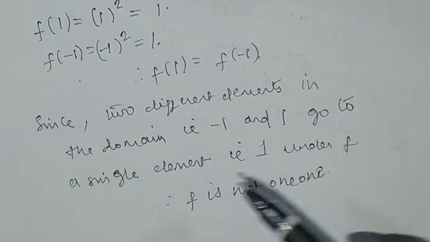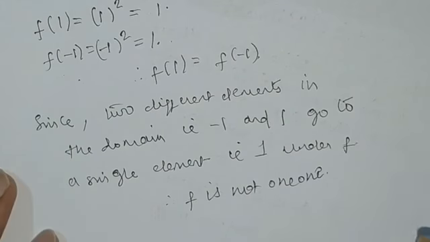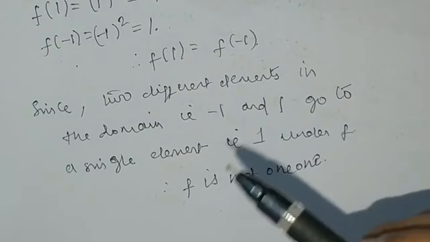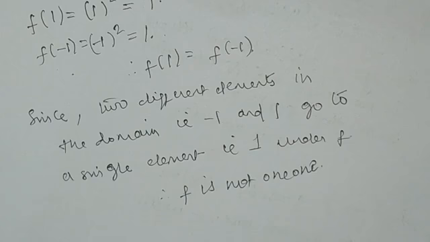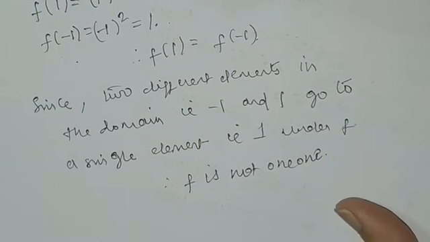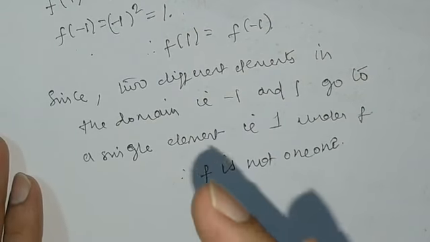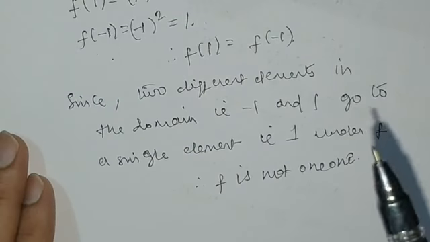So since two different elements in the domain, that is minus 1 and 1, go to a single element, that is 1 under f, therefore f is not 1-1. Why? Because two different elements in the domain should go to two different elements in the codomain for the function f to be 1-1. No two different elements can go to a single element in the codomain.